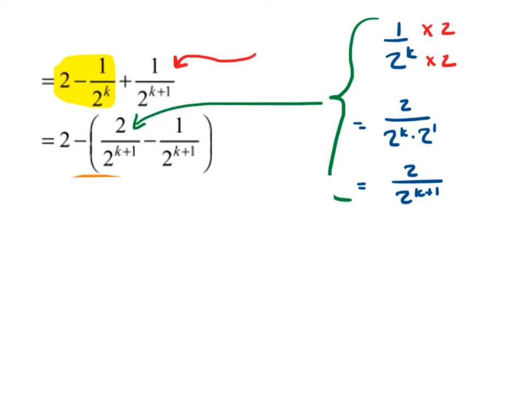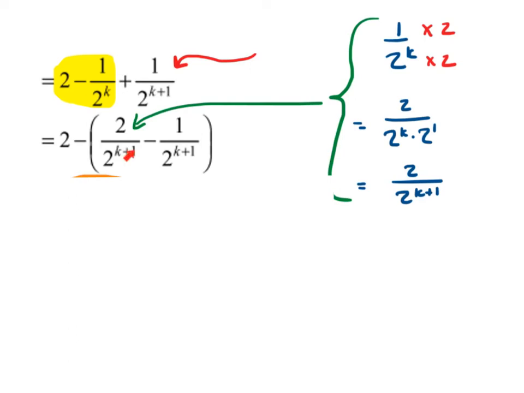So just be careful with the sign there. So 1 over 2 to the power of k becomes 2 over 2 to the power of k plus 1. So this becomes this, and then we just brought the minus outside, and we had to apply a minus to this because otherwise it wouldn't be a common factor.